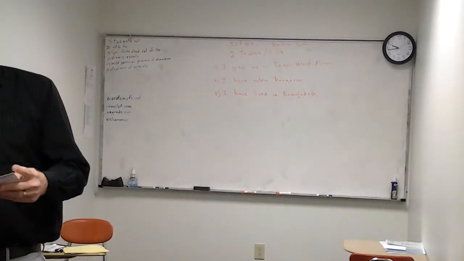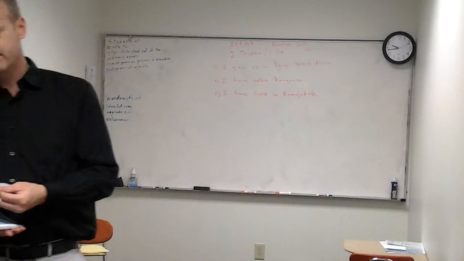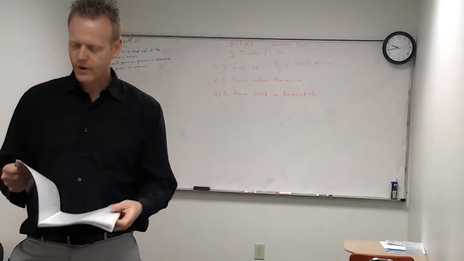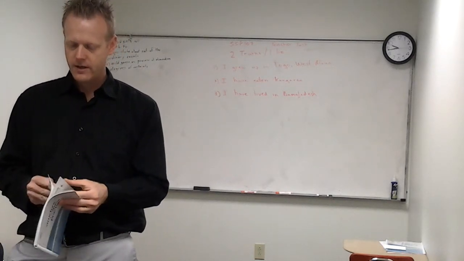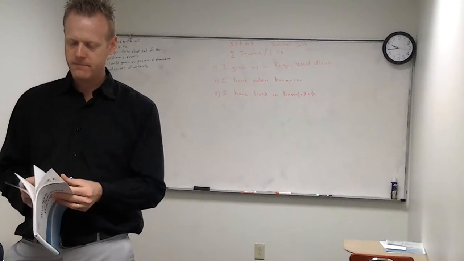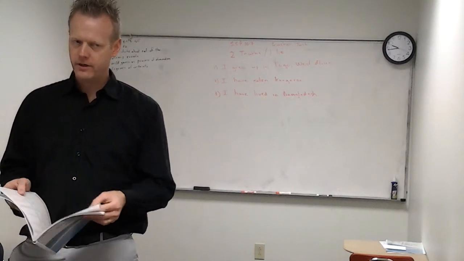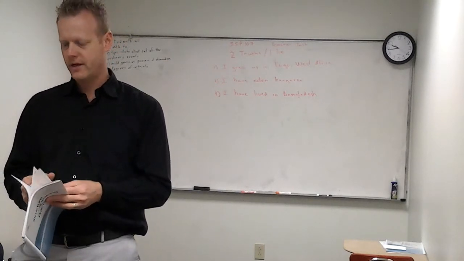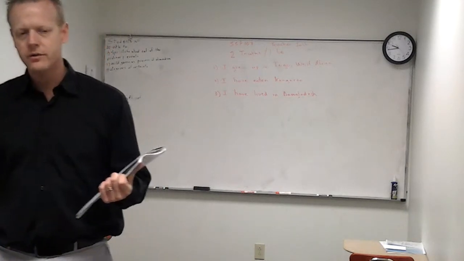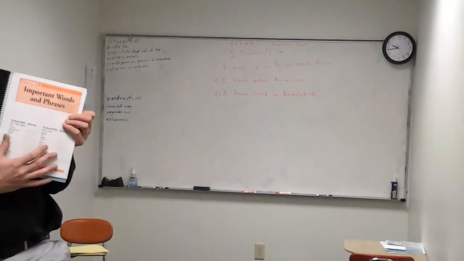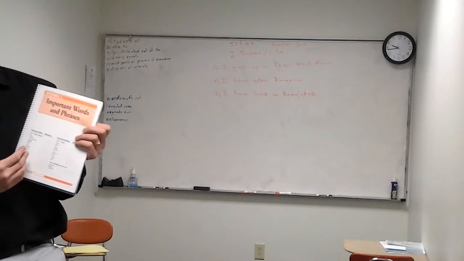All right. So listen, now I want you to go to the back of the book real quick. I want to point out a couple things. As you guys know, on the final exam, vocabulary is 40% of the test, okay? So I want to encourage you even now to take the list from the back and start reviewing.